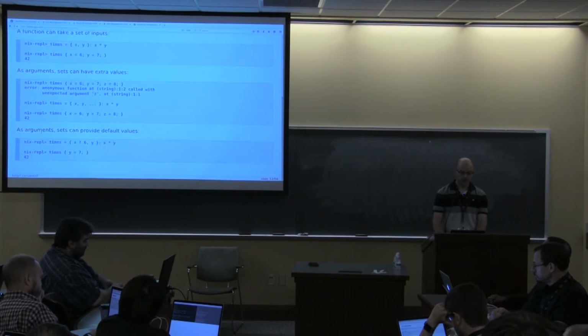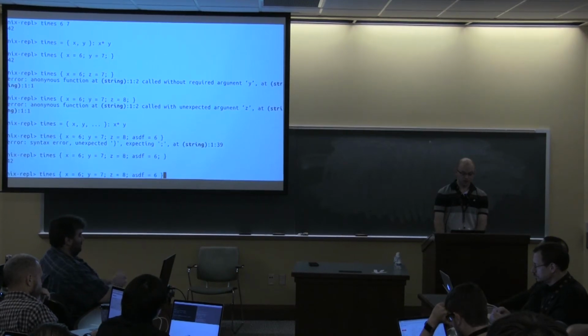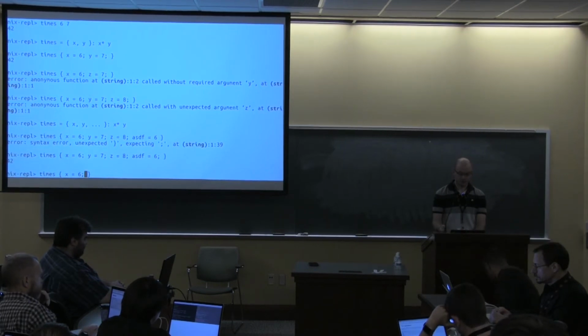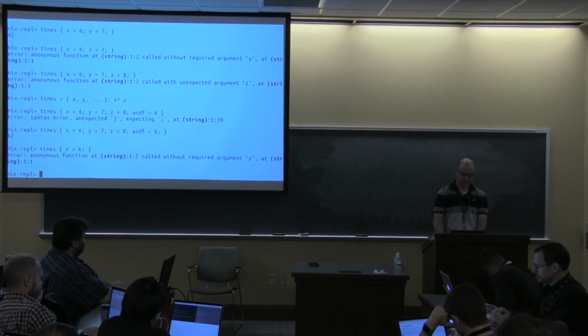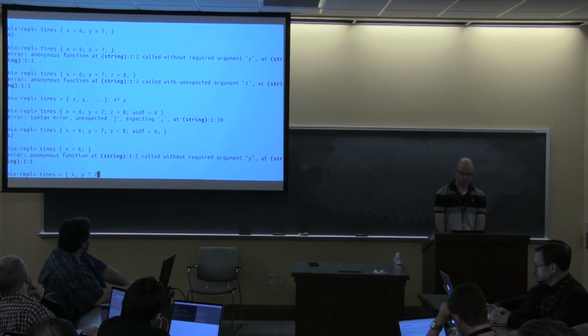And then finally, we can have default values. That's also used pretty often in your config. So let's say that we don't want to pass in x for some reason, or let's not pass in y. So this fails because it's missing. So if instead I declare it with a default, so we'll say x and y, and then the syntax is a question mark followed by the default value.